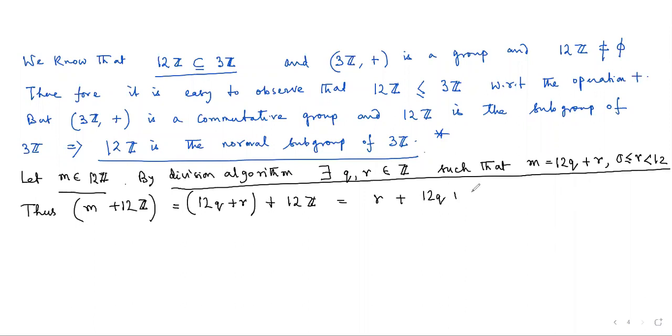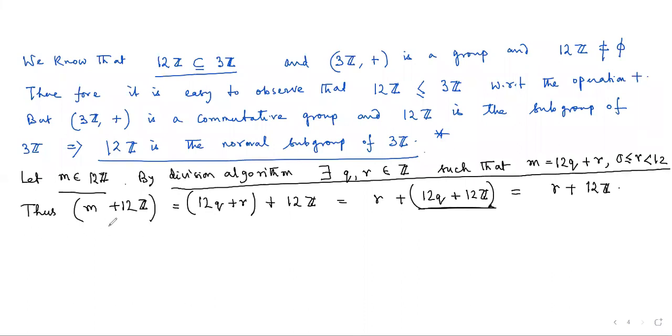Obviously 12Q will definitely be a member of 12Z, because Q is just a member. So the entire thing can be written as R plus 12Z.